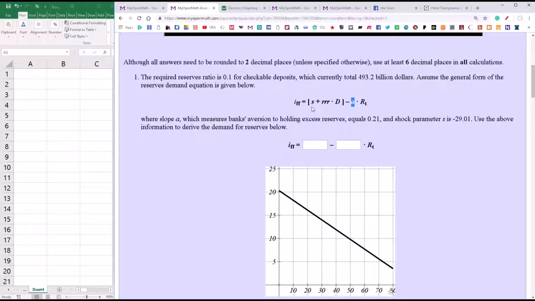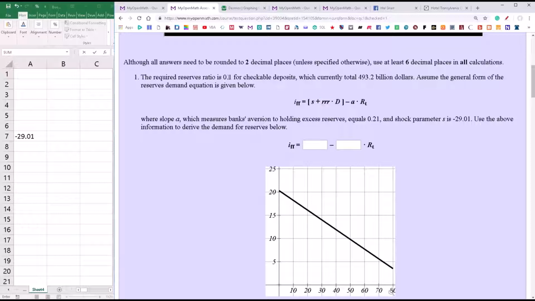Okay, so this right here is the shock parameter, and it's negative 29.01. I'm going to put it right here, and we're going to add to it. This right here is required reserves. This is the quantity of checkable deposits that banks have on account. And this is what the Fed says: you have to hold this amount of money by law.